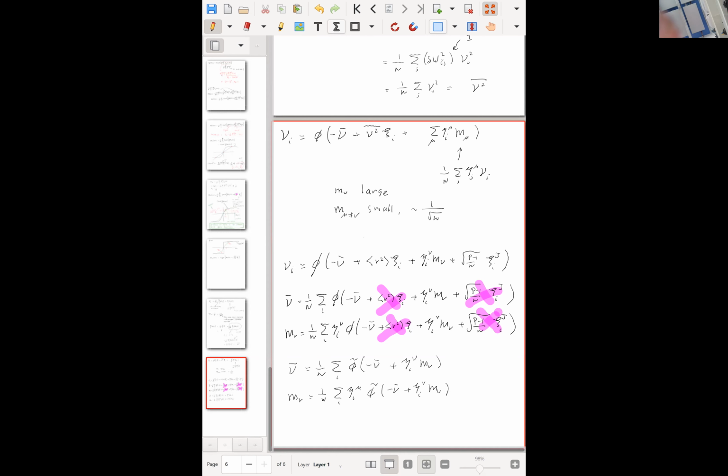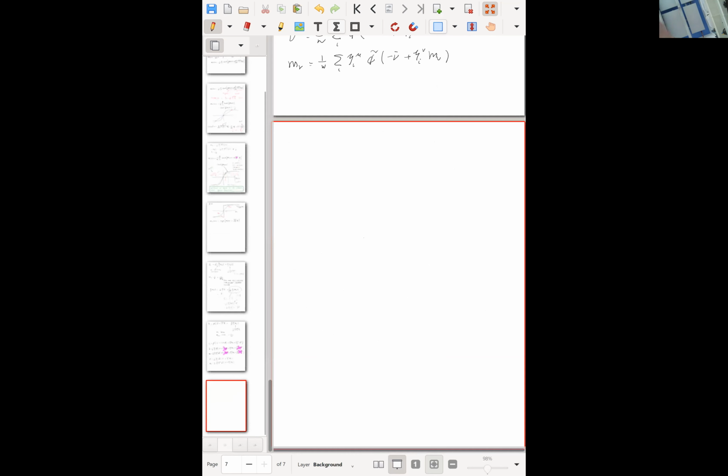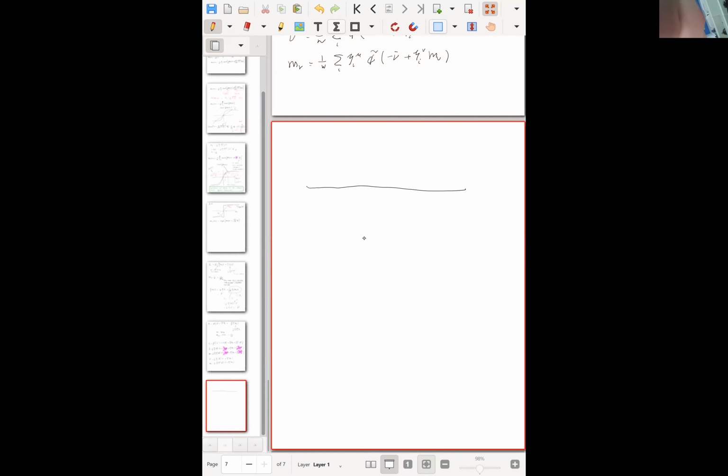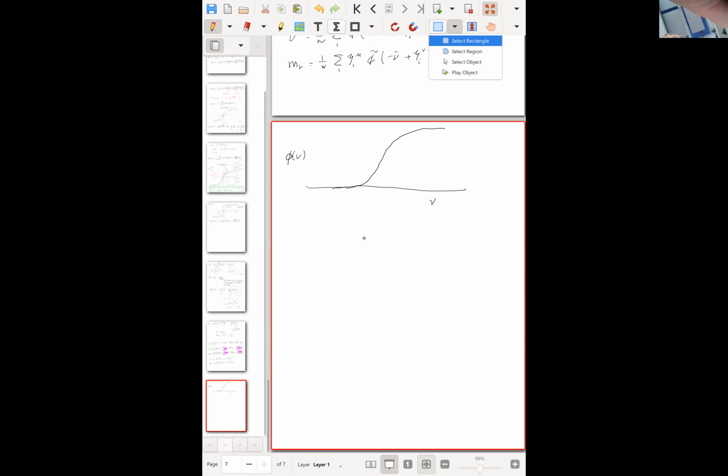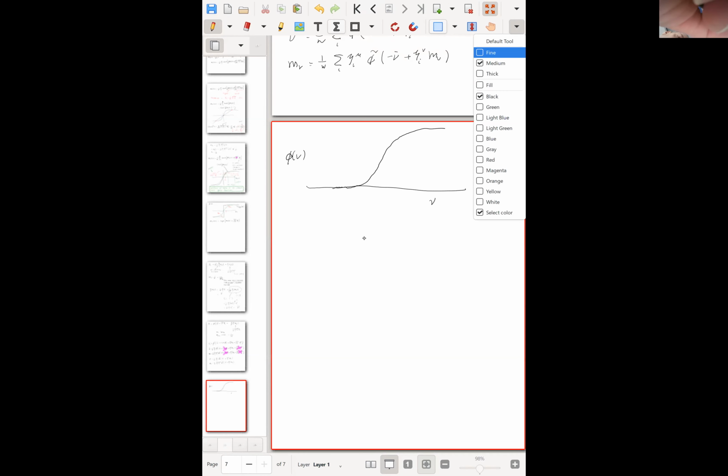So if we go to the next page, if the gain function originally, so this is nu, this is phi of nu. So phi of nu looks like this. Then all that happens is that phi tilde of nu is a smeared out version of this one.